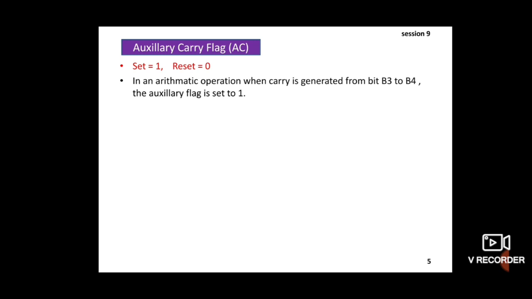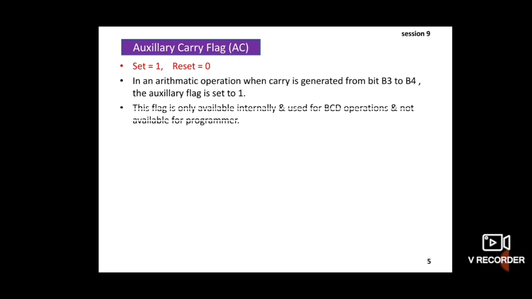Means if a carry is generated and transferred from the B3 bit to B4, then the auxiliary carry flag is set, that is binary bit 1. This flag is only available internally and used for BCD operations, and is not available for the programmer. Understood, student? What do you mean by BCD?